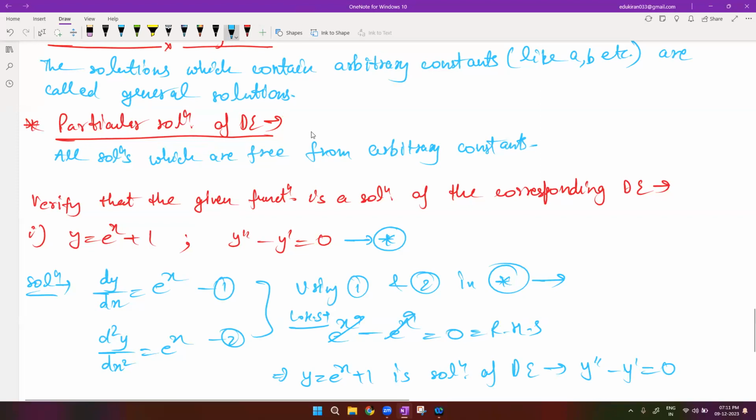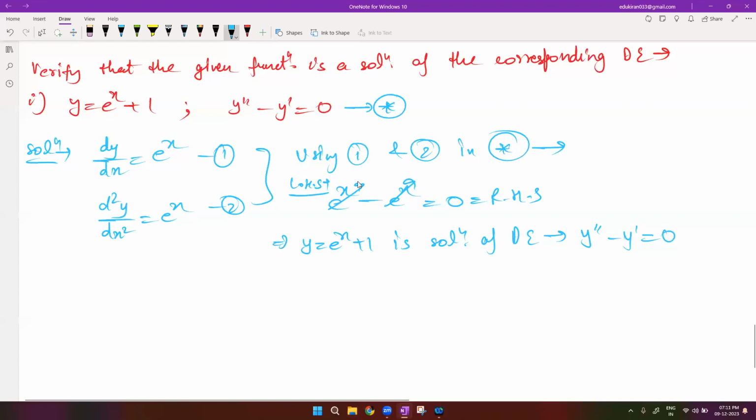So verifying whether a function is a solution of the corresponding differential equation is quite easy. You just have to perform basic differentiation and basic calculation.